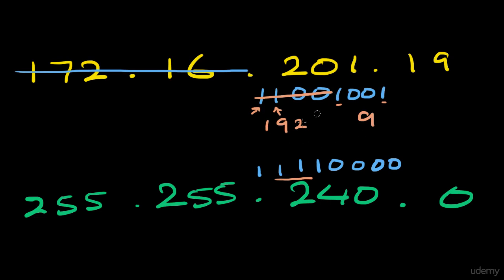The first 4 bits is 192, that is network ID. The next 4 bits are being left uncovered. Their value is 9, that's host ID. 192 plus 9 is 201, so our math here is correct. The last octet is being left uncovered by this 0 in the subnet mask.